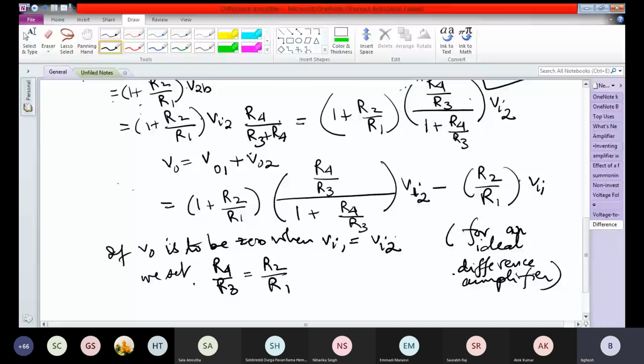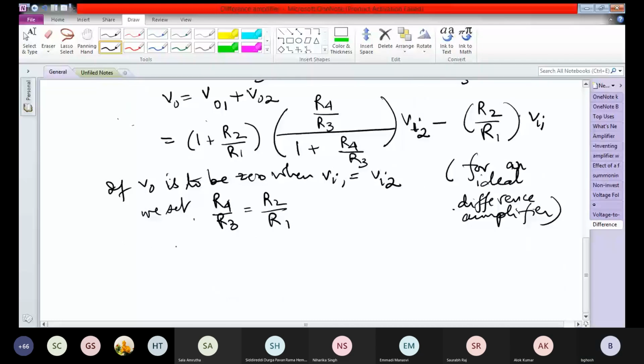Then the numerator and the denominator on the left will cancel, and this will become R2 by R1 times VI2 minus VI1.